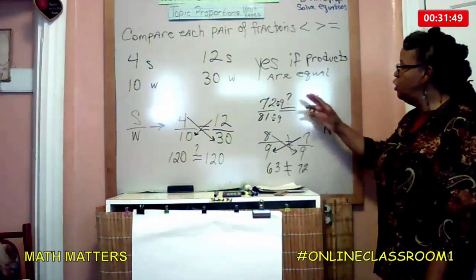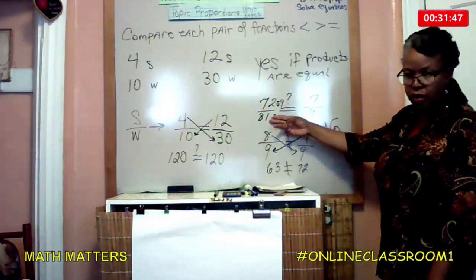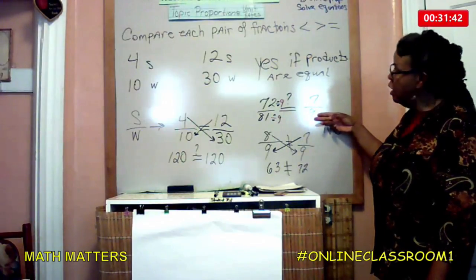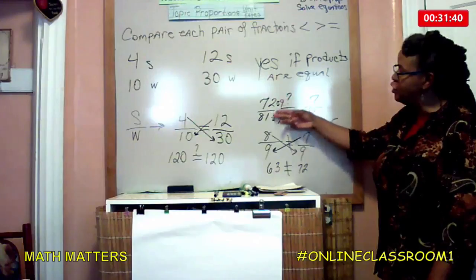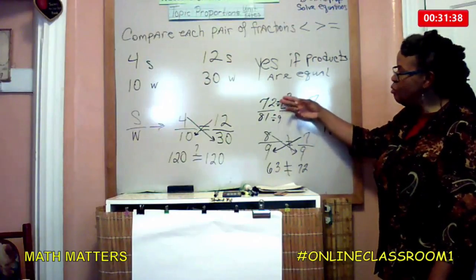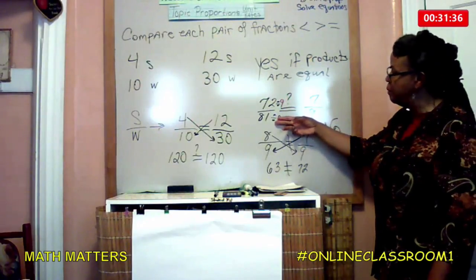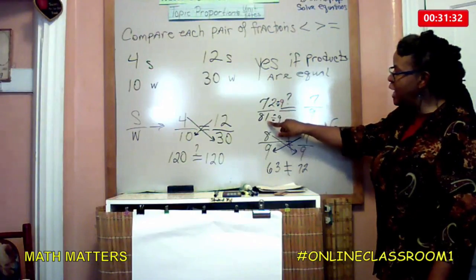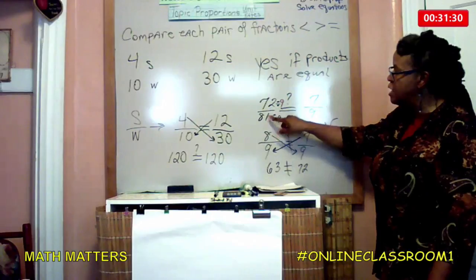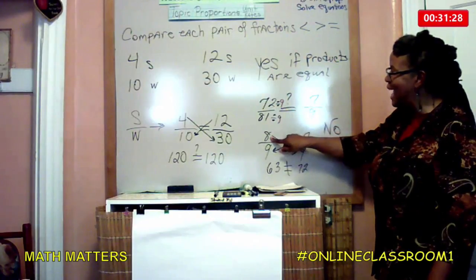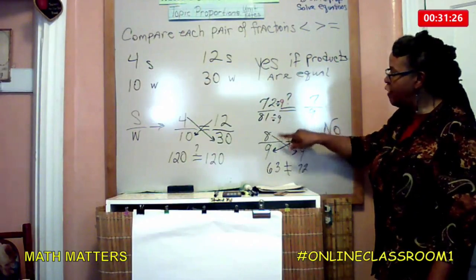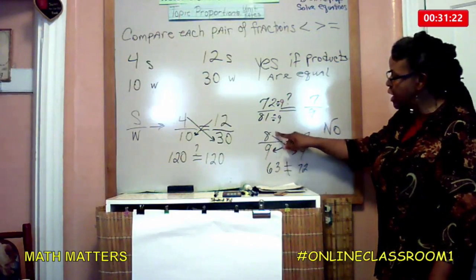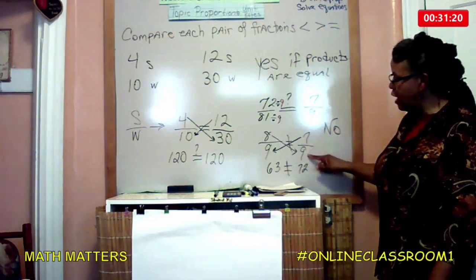First thing we did when we looked at 72 over 81 and compared to 7 over 9, I wanted to reduce this fraction so I can see what it looks like in its simplest form. I knew that 72 divides by 9 evenly and 81 divides by 9 evenly. 72 divided by 9 is 8. 81 divided by 9 is 9. Now I can simply compare 8/9 to 7/9.